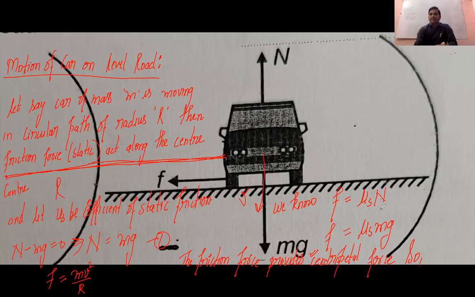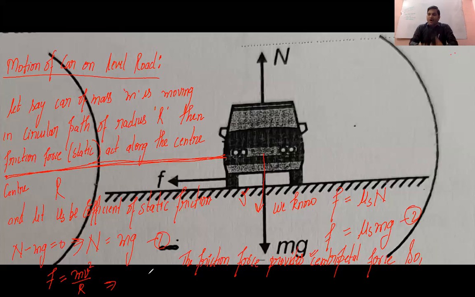Now we can put the value of this friction force from equation 2. And you know, whatever friction force is acting here must be enough. If there is lesser friction force than the required centripetal force, then there will be no circular motion on a level road.